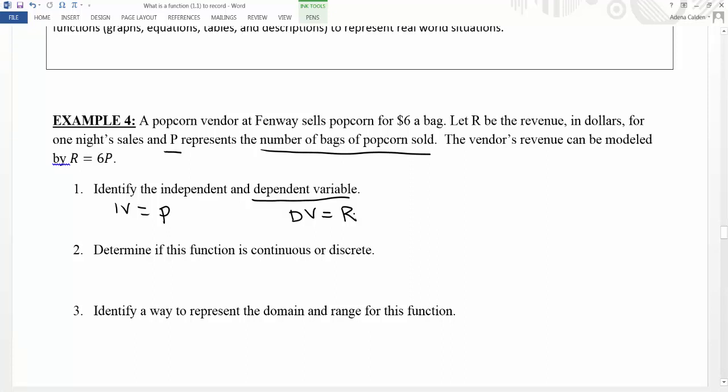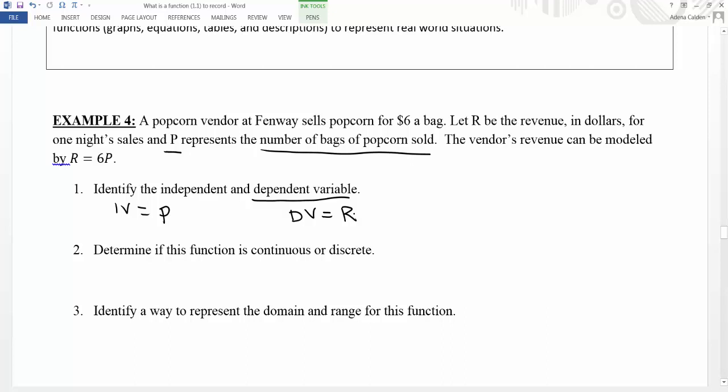For part 2, we want to consider if this function is continuous or discrete. If we want to know if something is continuous or discrete, we really need to consider what's going on with our independent variable and what types of numbers we can plug into it. So here, with popcorn, it makes sense that the types of numbers that we are going to be plugging in are integer numbers, things like 1, 2, 3, 4.